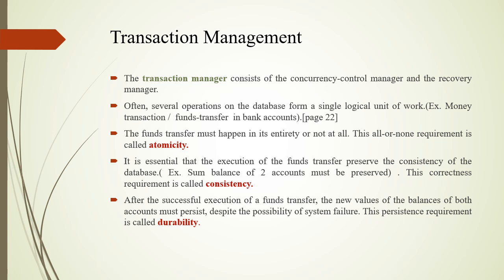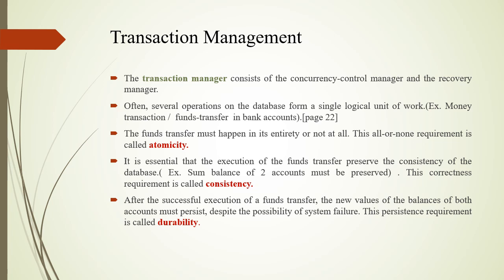So the total amount of A and B was 5,500 rupees. When the 500 rupees from A was transferred to B, after that A had 4,500 rupees and B had 1,000 rupees. If you sum this, you will again get 5,500. So you have the same amount before and after the transaction. This is called consistency.